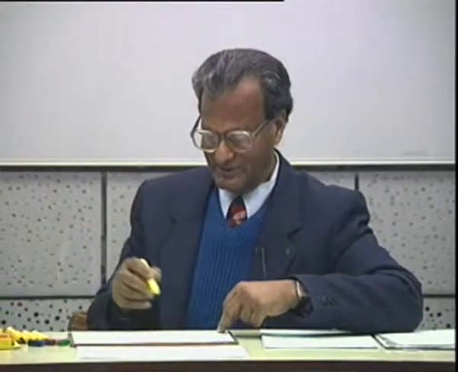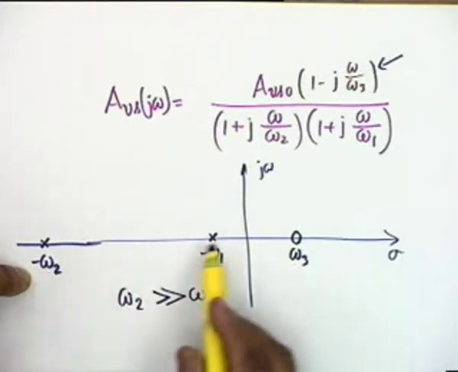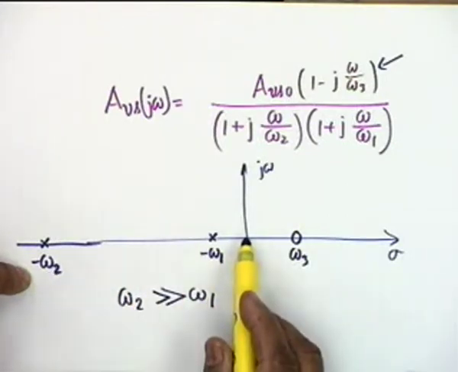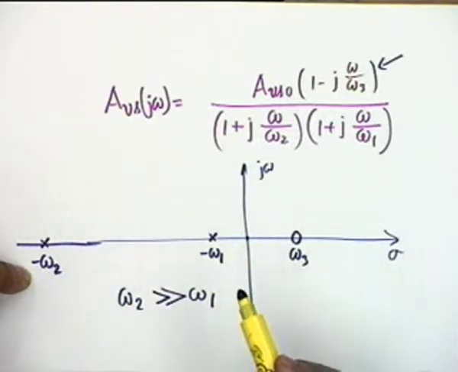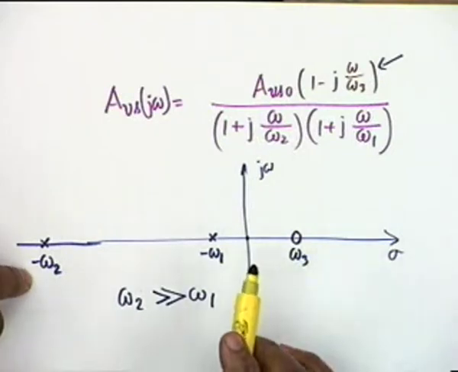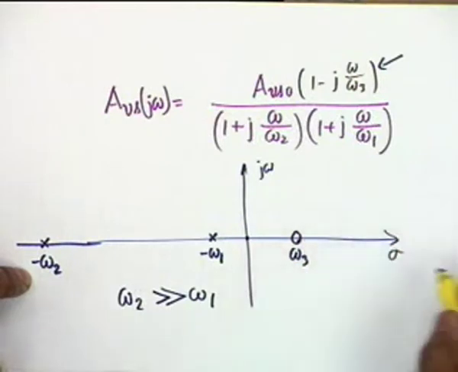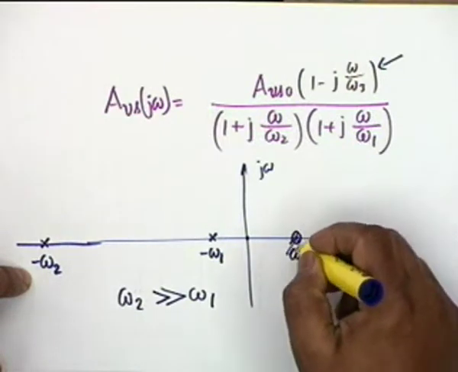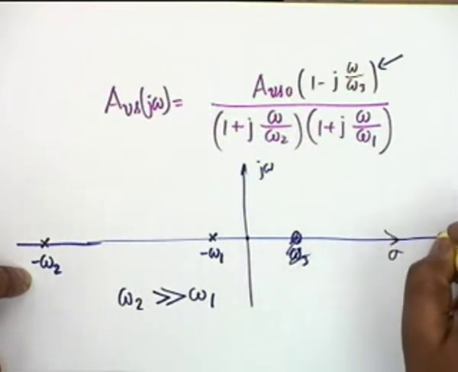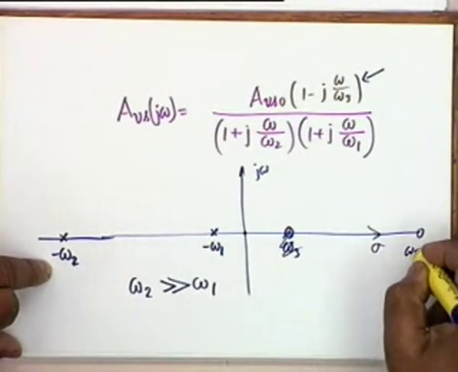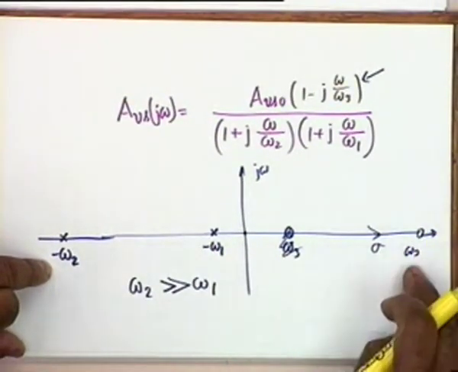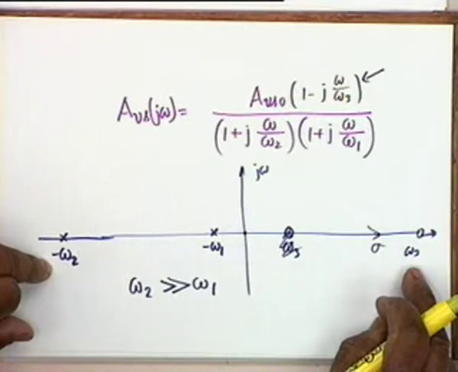Okay. I have shown omega 2 as far away from the imaginary axis, from the origin, than omega 1, and this is in general true. Omega 3, unfortunately I have shown it here, but omega 3 should have been somewhere here. Omega 3 is much larger than omega 2.